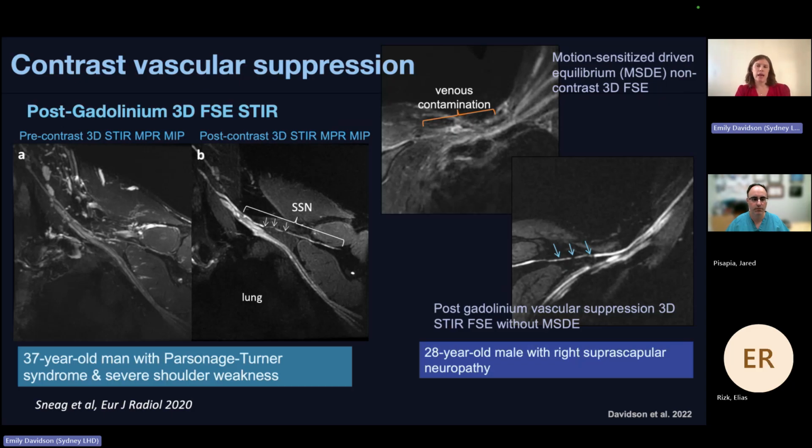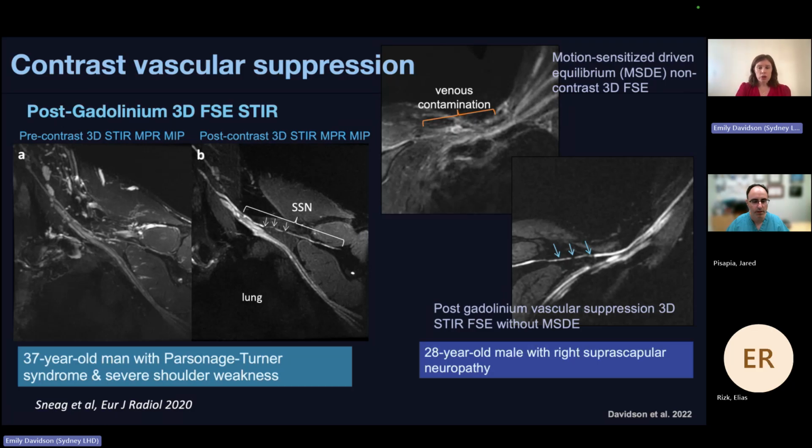And this would be an example where we'd use it, is where we're getting so much vessels obscuring our assessment of the nerve that we really can't make out which is nerve and which is a small vessel that's traveling with the nerve. And we have a technique where we can give gadolinium to then suppress out all the vessels, particularly those small veins and lymphatics that can obscure. And then we get really nice cleaned up pictures where we can see the nerve itself.